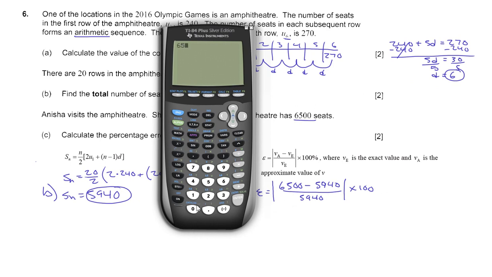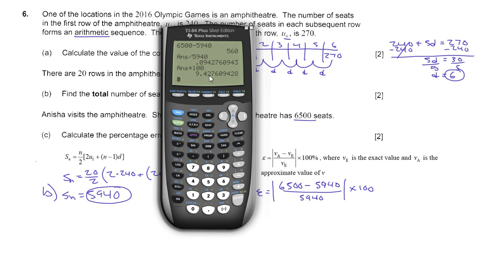So we get 6,500 minus 5,940 gives us 560, and we're going to divide that by 5,940, and that gives us 0.94. We want to take the absolute value of that. It's already positive, so we're good, and we multiply that answer by 100, and we get 9.427.